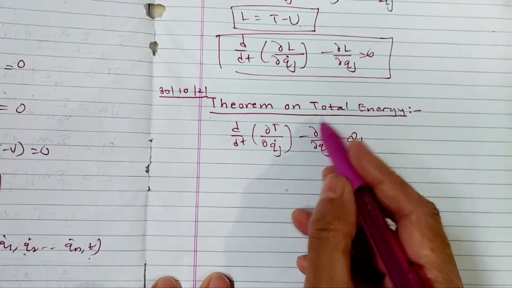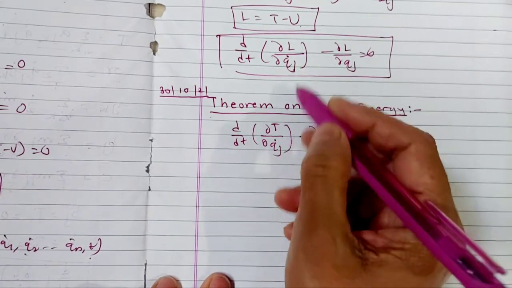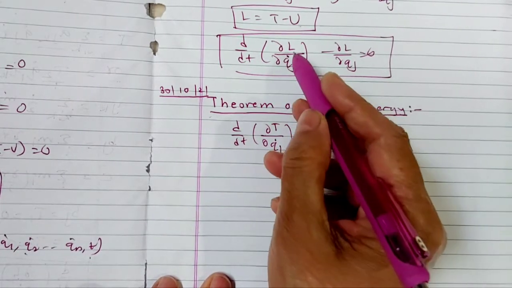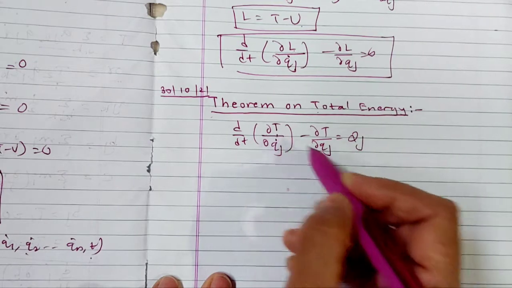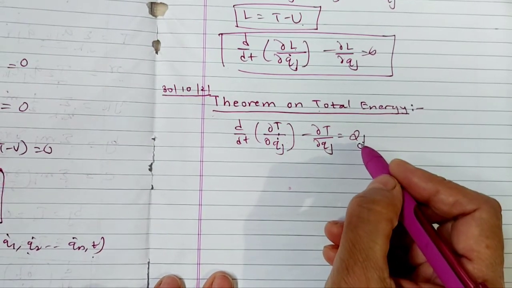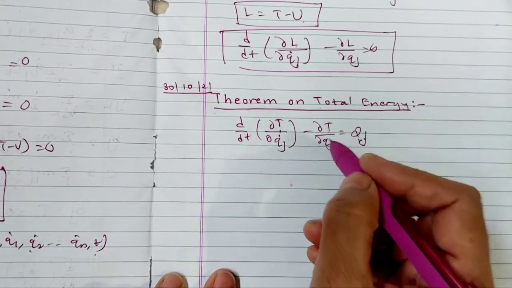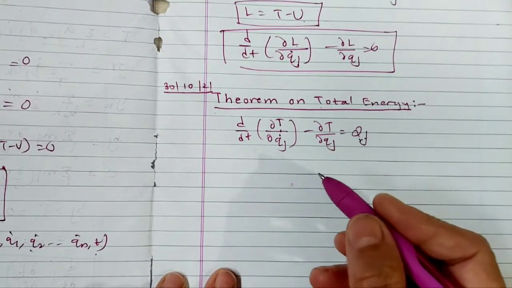Why did I take T? Because of total energy. This equation I wrote, except instead of L I wrote T, and the RHS is not 0, it is Qj for the non-conservative. So we are trying to understand this equation.